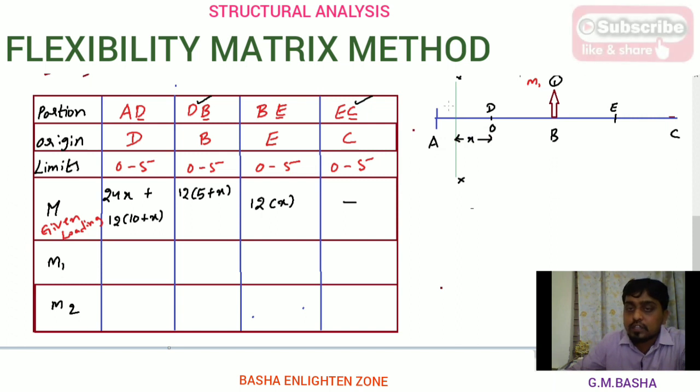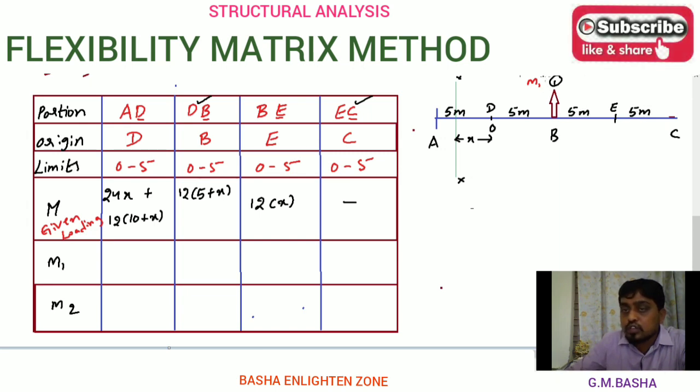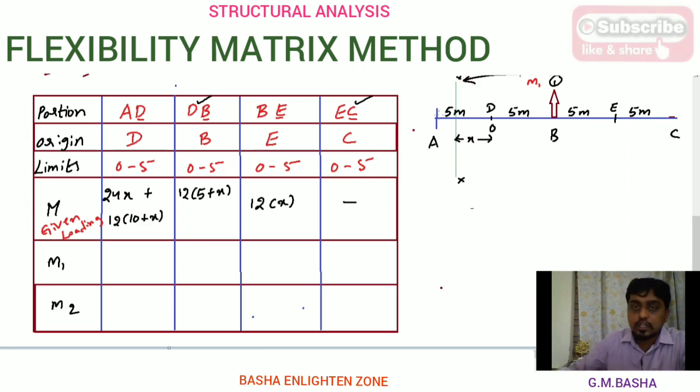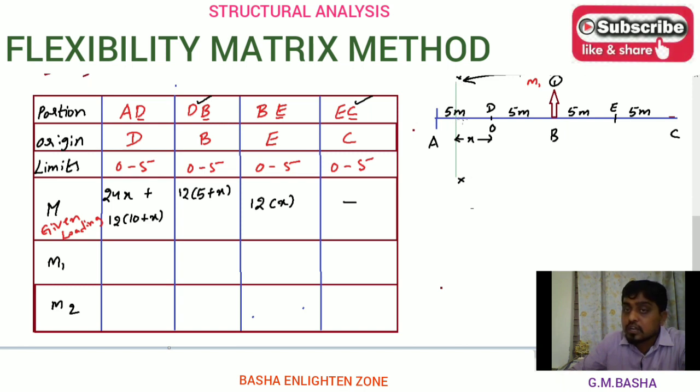Each and every span will be 5 meters only. This one also 5 meters, this one also 5 meters, and this one also 5 meters. So I am resolving this force up to this section. Force into distance is the moment, that is 1 into x. This will be acting anti-clockwise towards the section x, therefore I am taking negative.